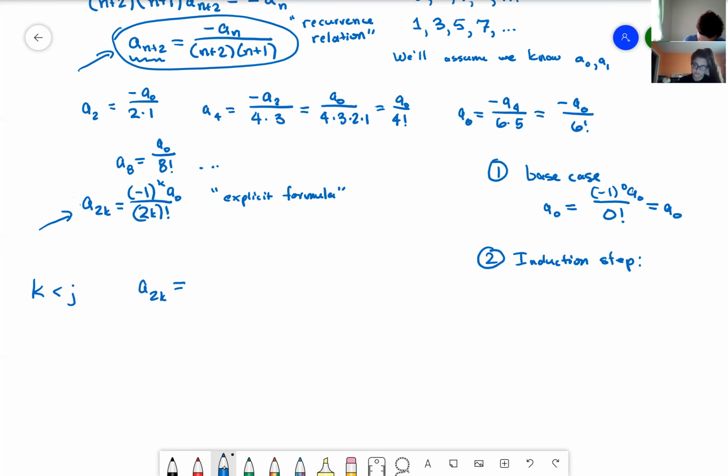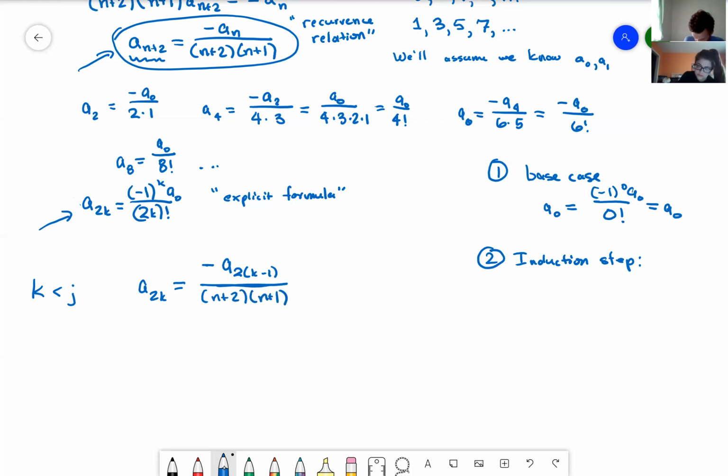Okay, so we would have that this was negative of a subscript n minus the previous one. So a n minus 2 would be the previous one, over n plus 2 times n plus 1.